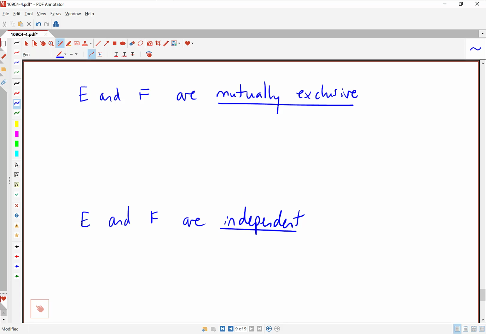So let's start with mutually exclusive. If we say two events, E and F, are mutually exclusive, that means they cannot occur at the same time. So if you look at the number of elements that are in the intersection, it's 0. So I'm actually going to label this outside the diagram. I'm going to say number of elements in E intersect F is 0.